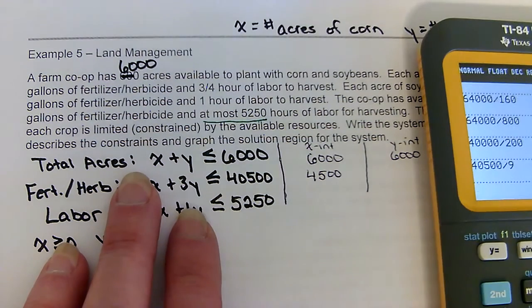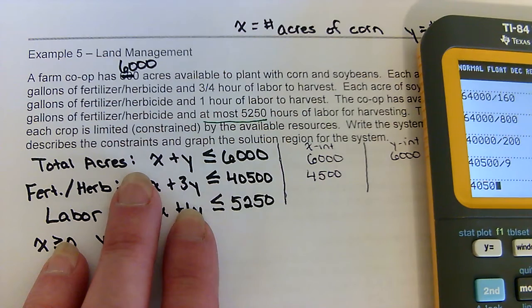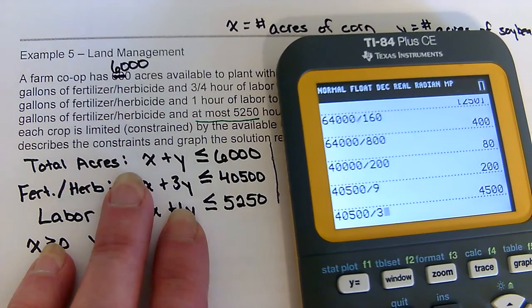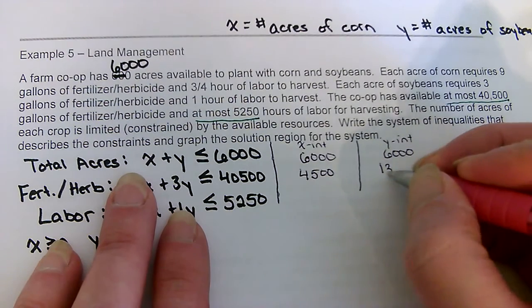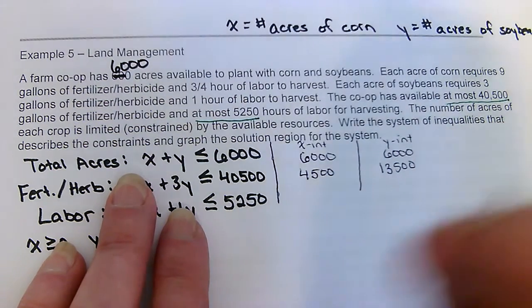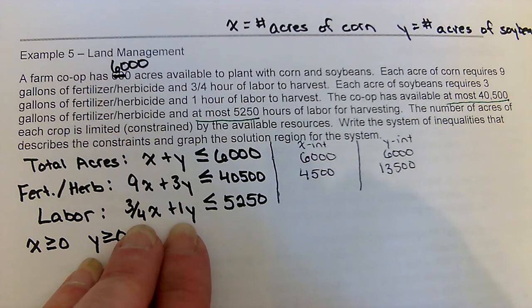If we don't plant any corn, I could have 13,500 acres of soybeans, which we know is not possible, but we're narrowing down what we have.